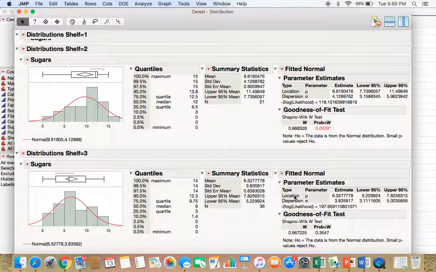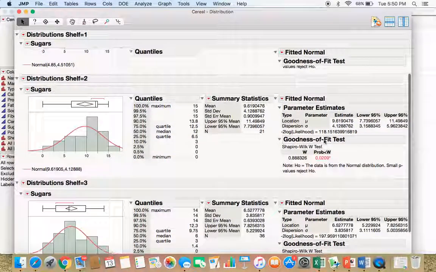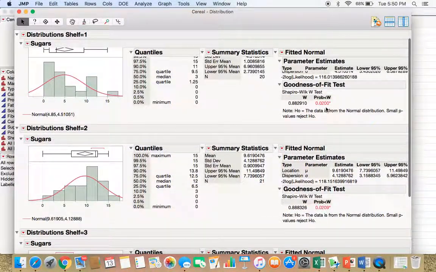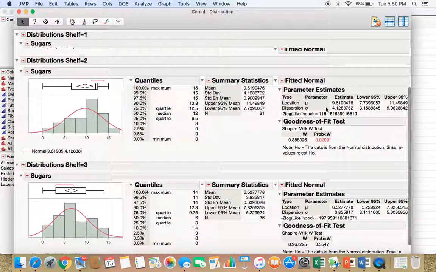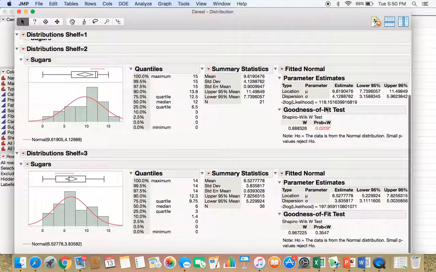The p-values for shelf 1 and 2 are less than 0.05, which is 0.02 for shelf 2, and 0.02 also for shelf 1. So we conclude that our sugars do not have a normal distribution for shelf 1 and shelf 2. But shelf 3 has a large p-value, so we can conclude that the data does come from a normal distribution.